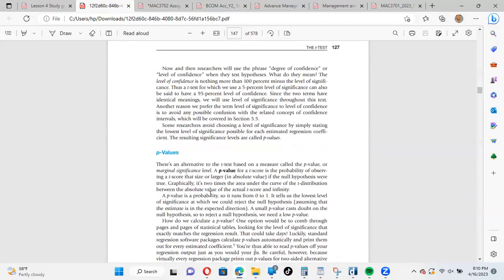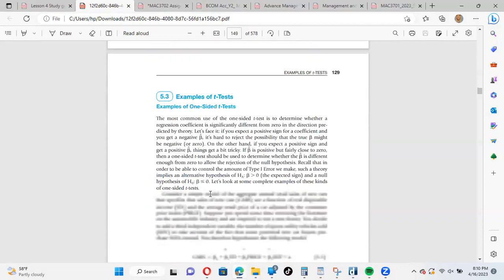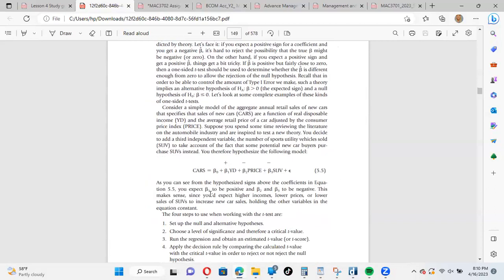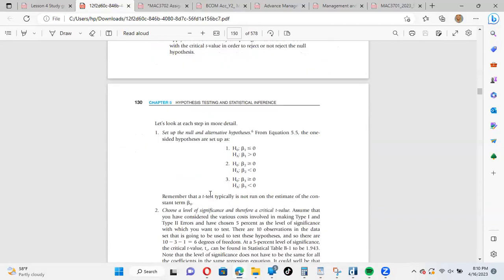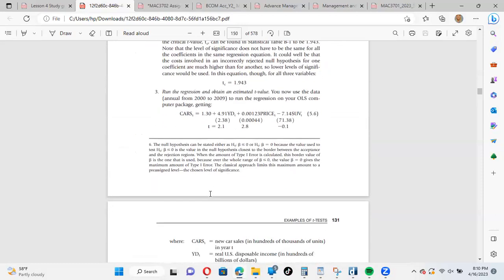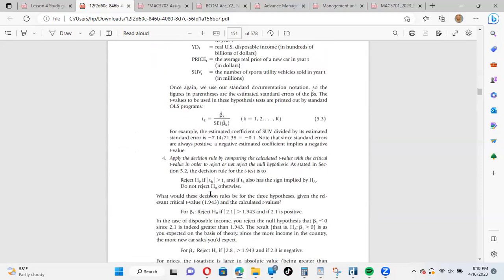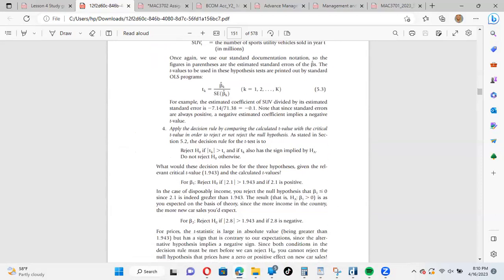The critical values are going to be determined by our levels of confidence. Let's look at the one-sided test.